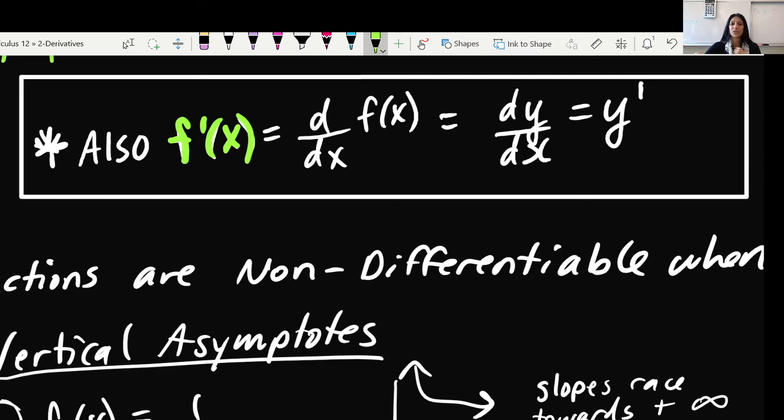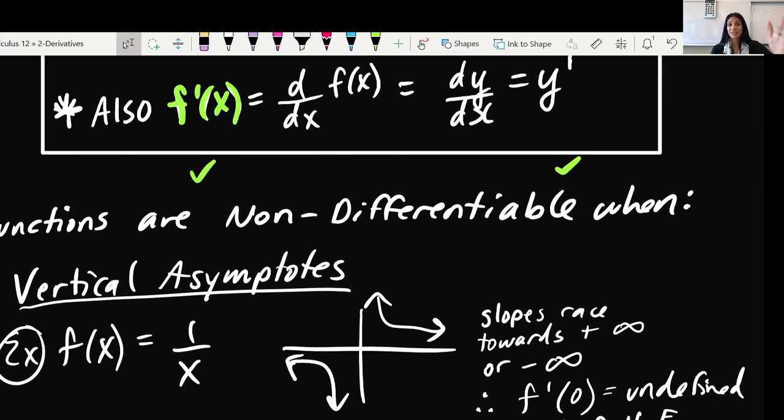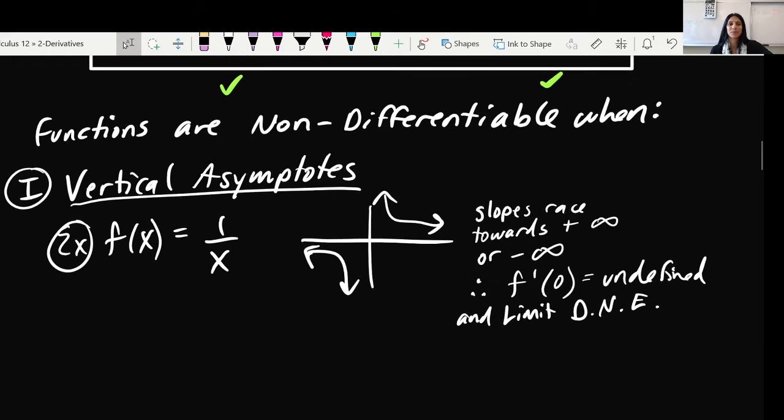I think the one we'll use most frequently is probably this f prime of x and y prime. They just seem to be the ones that are easiest to work with. But know that the other ones mean exactly the same thing. And I think as we work with this and you feel more comfortable, you will become more familiar with them.